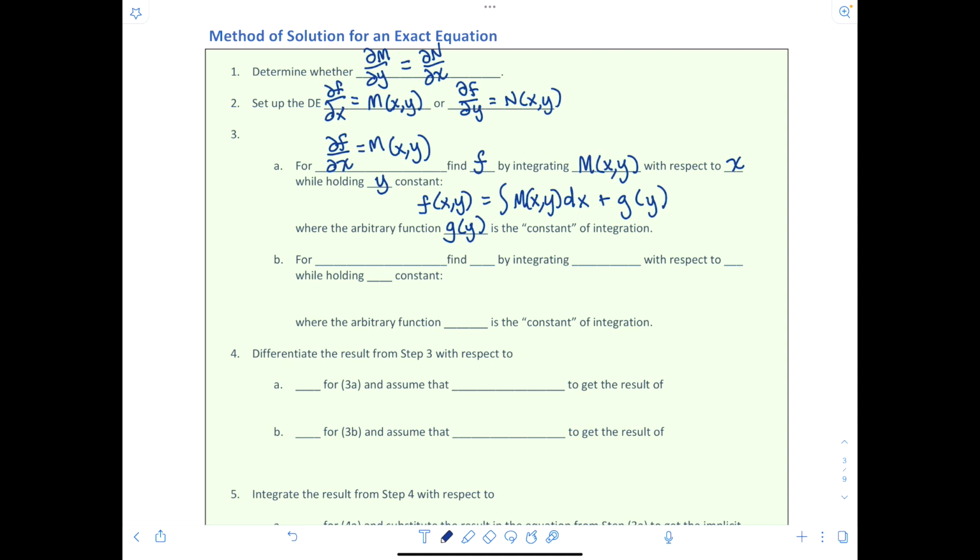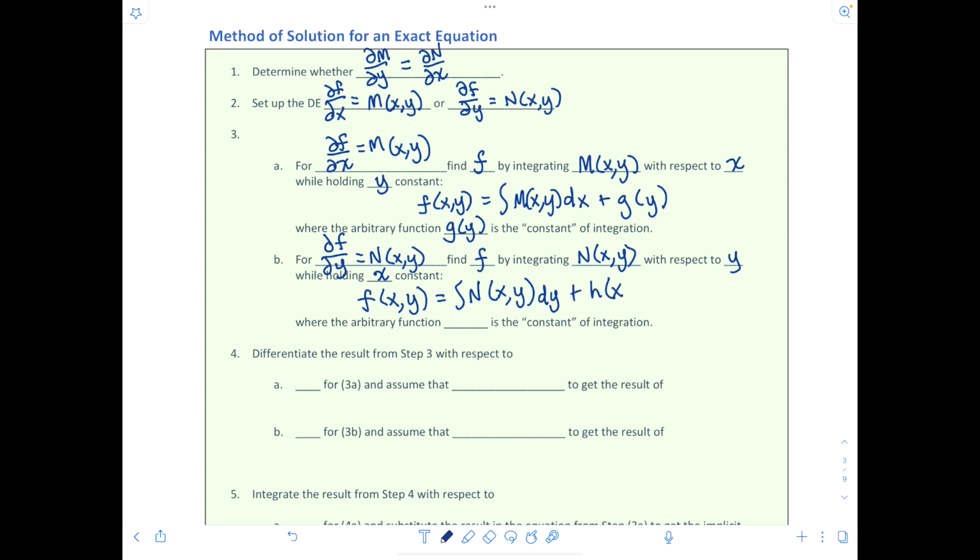Now, if you set it up where you have df dy equal to n at x and y, you want to find f by integrating n at x and y with respect to y while holding x constant. So you'll end up getting f at x and y is equal to the integral of n at x and y dy plus some h at x as our constant of integration.